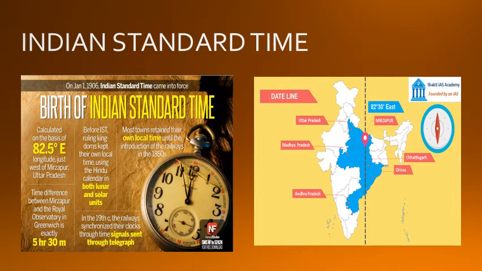The meridian passing through the center of each time zone has been selected to give the standard time of that time zone. Some countries with very large longitudinal extent fall under a number of time zones, as it is not possible for them to select one standard time for the whole country. For example, Russia has 11 time zones.